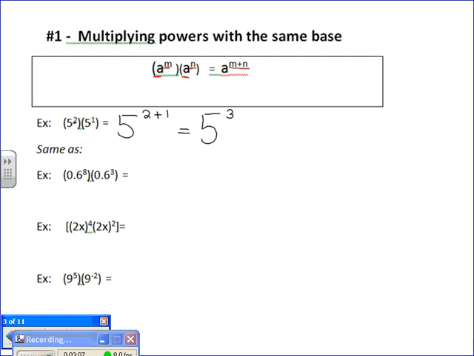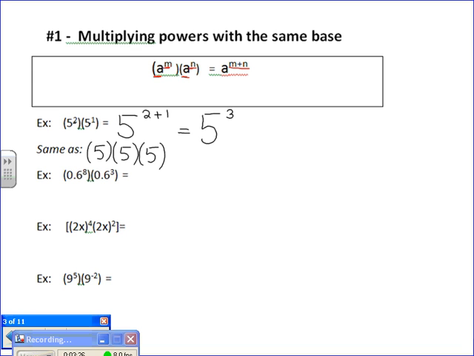That's coming from the fact that 5 squared is the same as 5 times 5, and then times 5 to the exponent 1, which is just 5 used once.